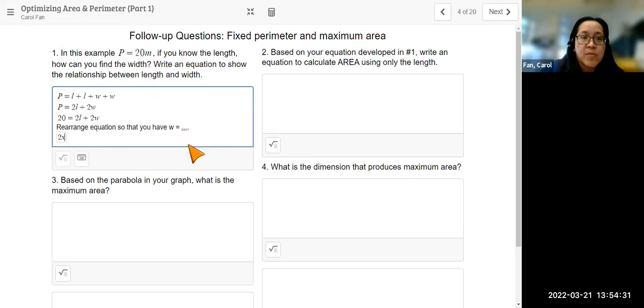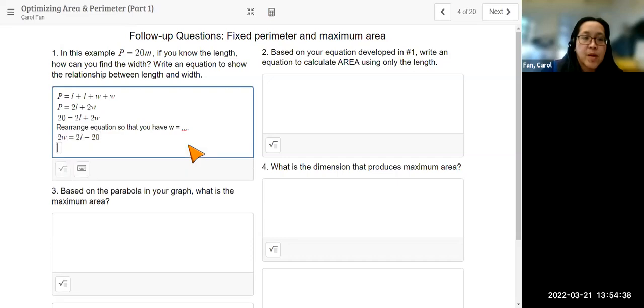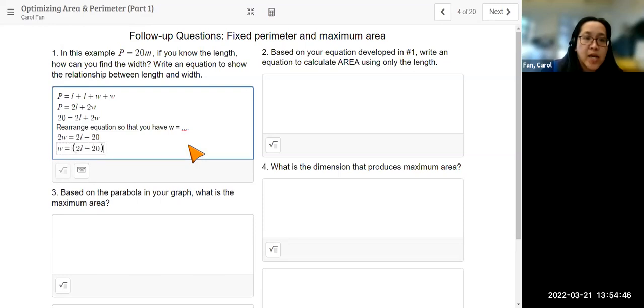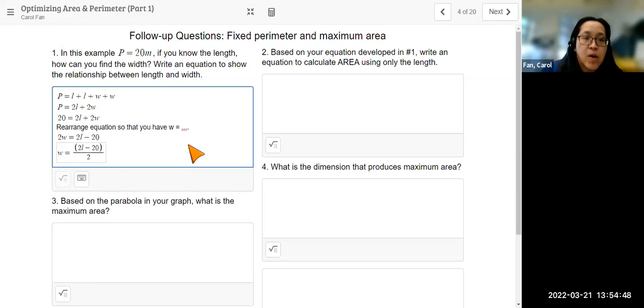Okay, so 2W is equal to 2L minus 20. Then we can say W is equal to 2L minus 20 divided by 2, or we could simplify and say L minus 10. Doesn't matter.